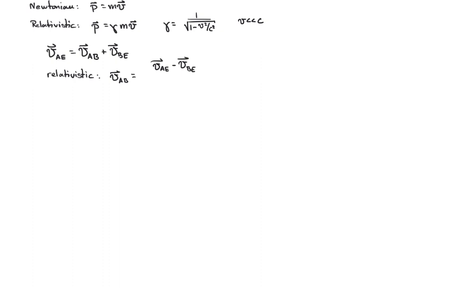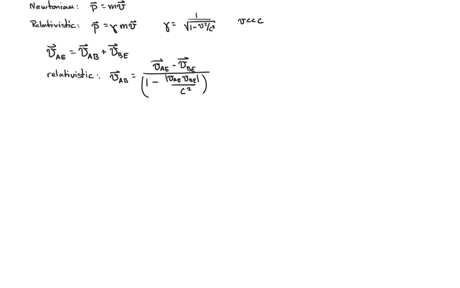And that is just, right, solving for this here. But we have to modify it for special relativity. And so then that's going to be over 1 minus those two multiplying by each other, v_AE times v_BE, and we want the absolute value of those divided by c squared. And that goes on the bottom of our fraction.